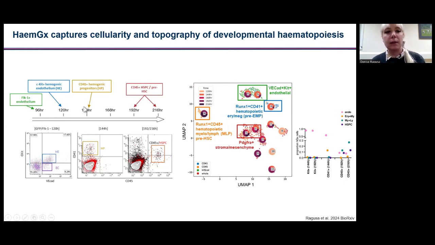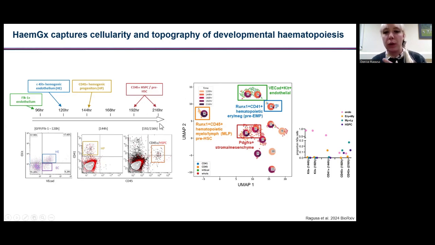Later on, around 144 hours, we have early hemogenic progenitors characterized by CD41 expression. And we only see the hematopoietic marker CD45, which marks pre-HSCs or HSC progenitors, at the very end of the protocol.